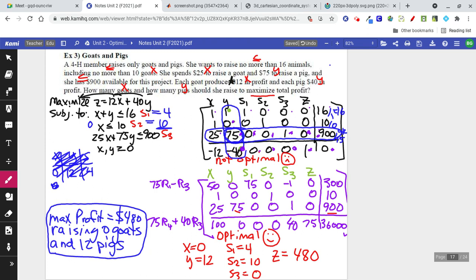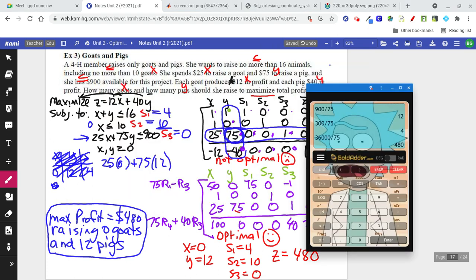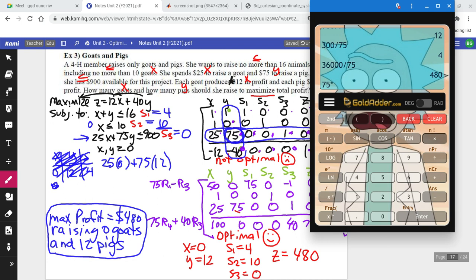And then if you look at the third one, S3 was 0. And if you think about 25 times x, which was 0, plus 75 times 12. Basically, we're doing 75 times 12 here. 75 times 12 is exactly 900.